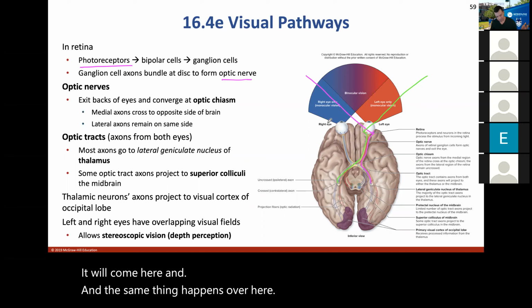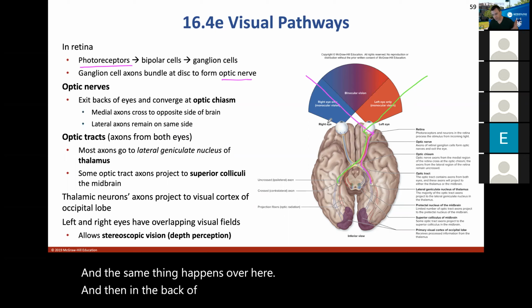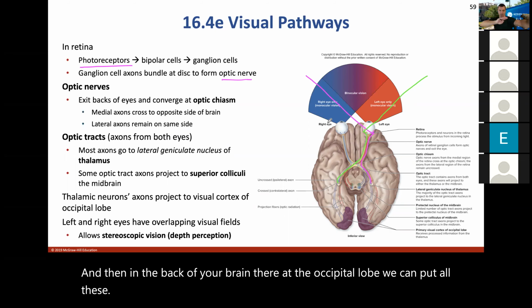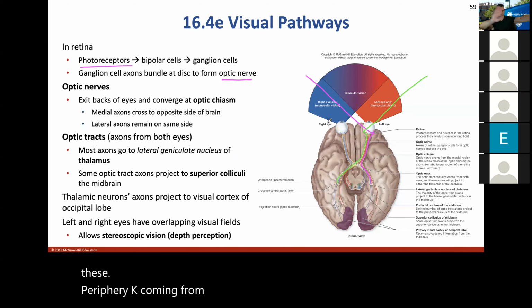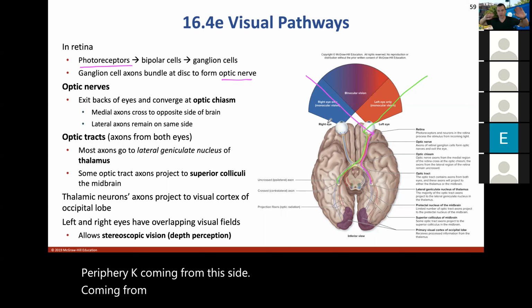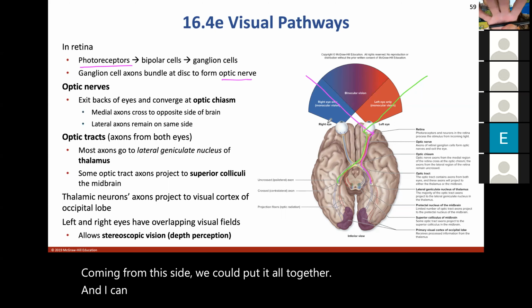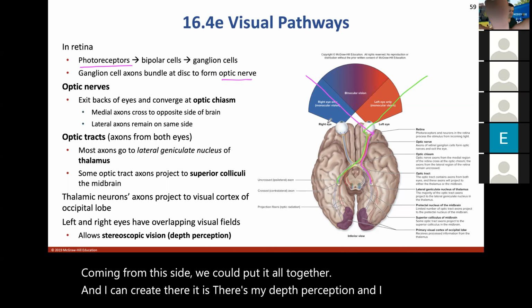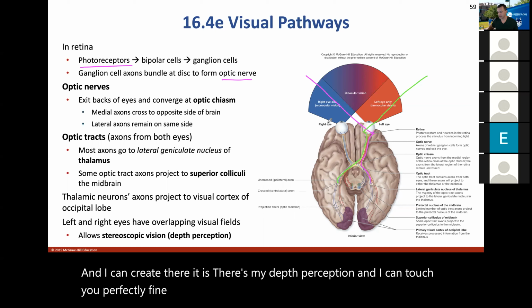And then in the back of your brain there at the occipital lobe, we can put all these peripheries, okay, coming from this side, coming from this side. We could put it all together and I can create, there it is. There's my depth perception, and I can touch you perfectly fine and not put my fist through your face, right?